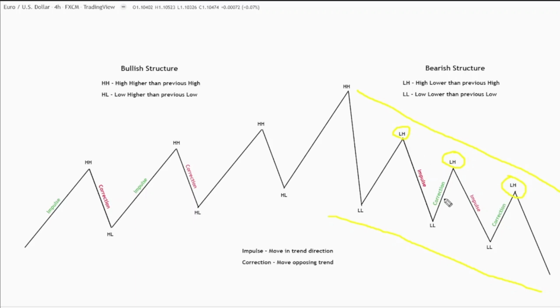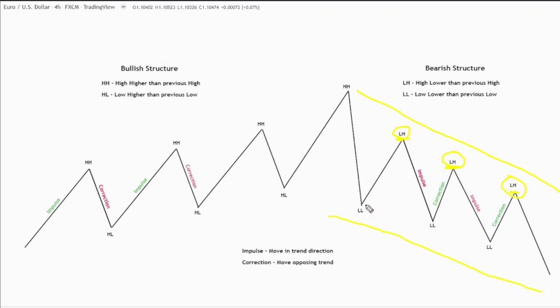They are referred to as lower highs because this high will always go lower than the previous high that the market created, and this other high will always go lower than this high that the market has created, and will continue to do so, to have these highs going lower and lower as long as we are in a downtrend or in a bearish market structure, right?